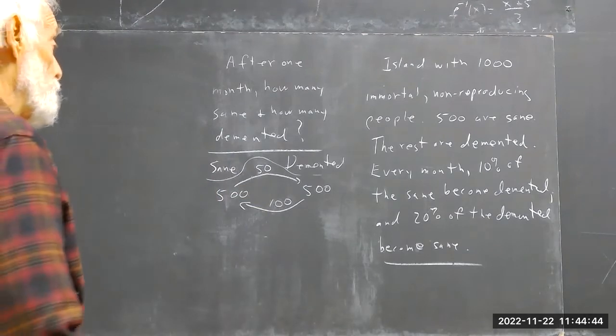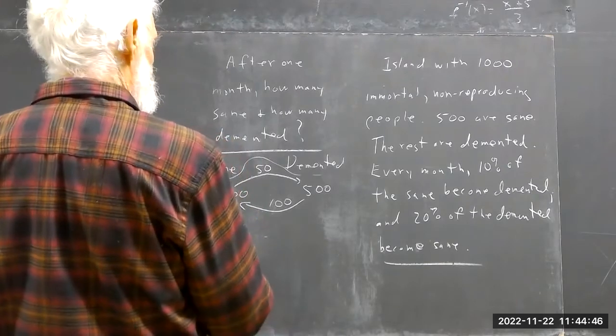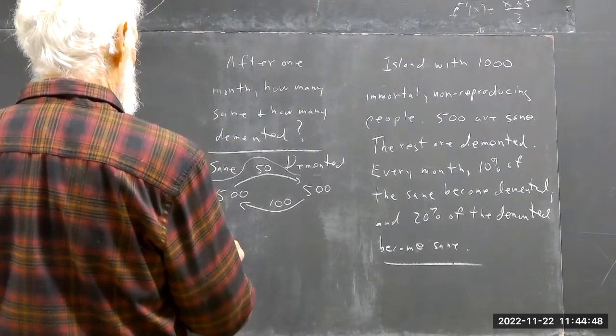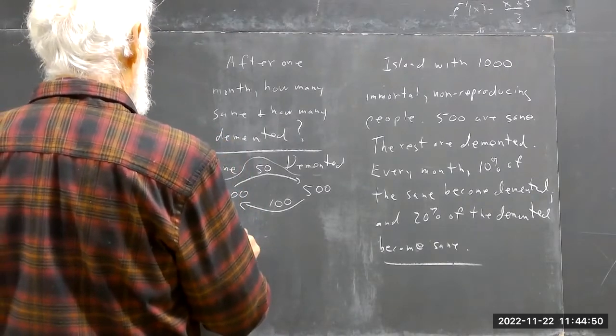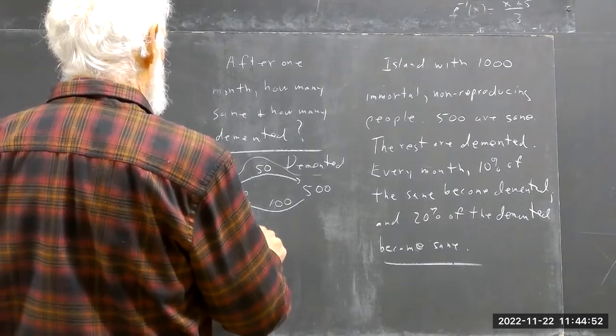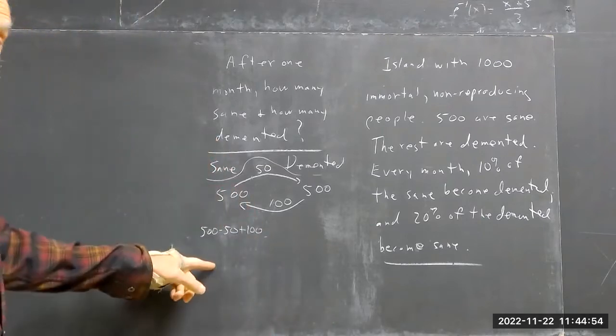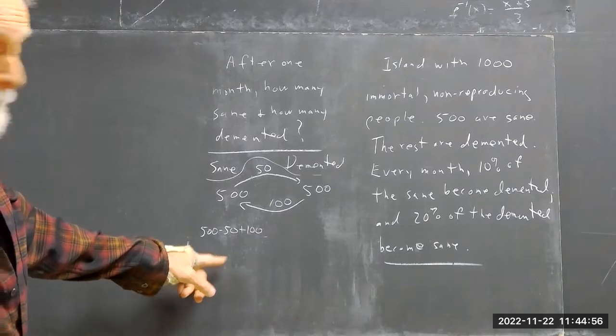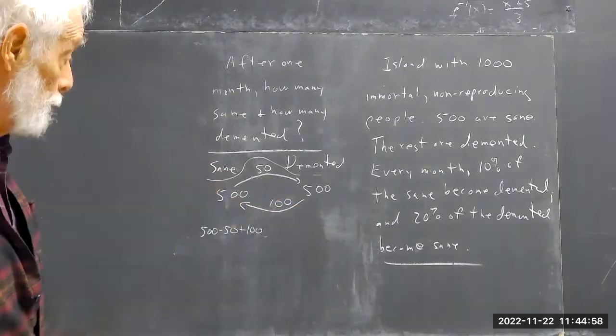So the net change is, well, you've got 500 minus 50 plus 100 here now. You lose the 50, you gain the 100.